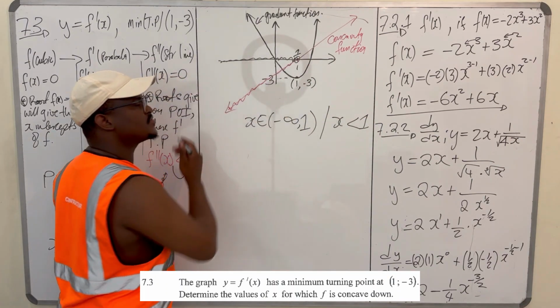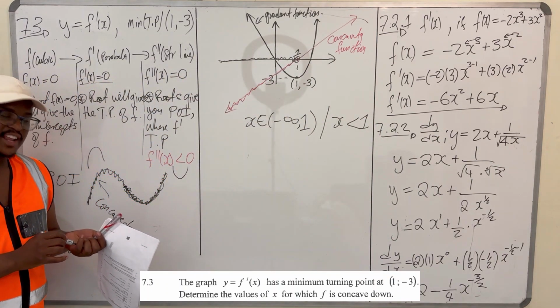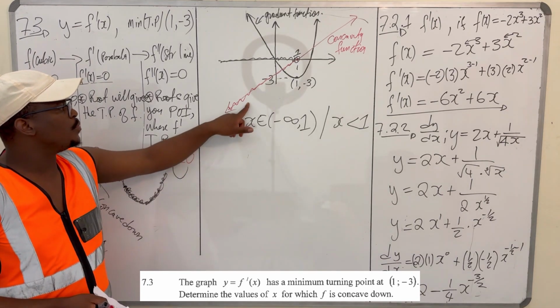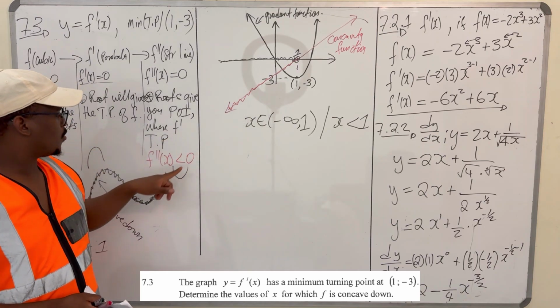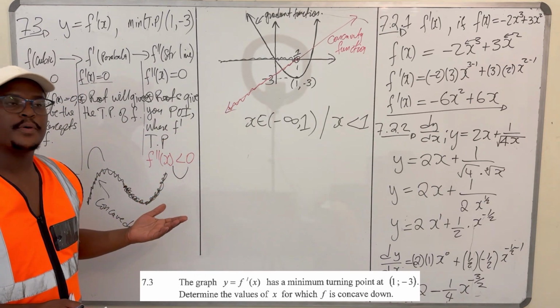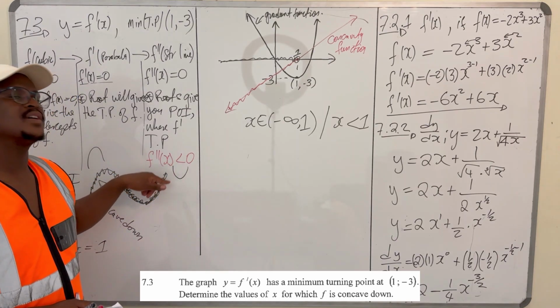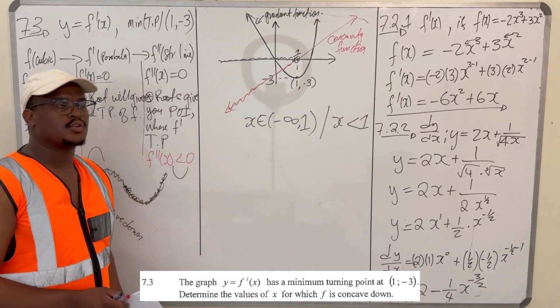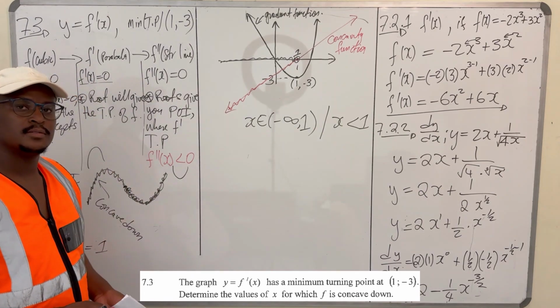Because for all the x values on the left hand side of 1, our concavity function will be less than 0, which means it is concave down. If you want it to be concave up, your f prime should be greater than 0, which is all the x values on the other side. So this is how you answer this question.